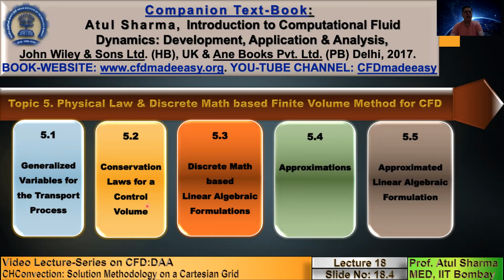In the previous topic on computational heat transfer, we were only using the energy conservation law. Now here, mass and momentum conservation law will also be presented. Thereafter, the discrete math based linear algebraic formulations will be presented. And finally, using the approximation, the approximated linear algebraic formulation will be presented.